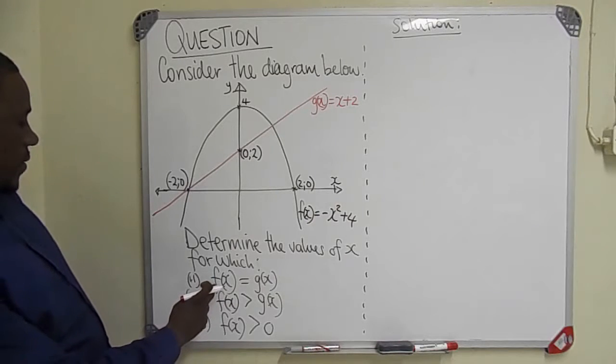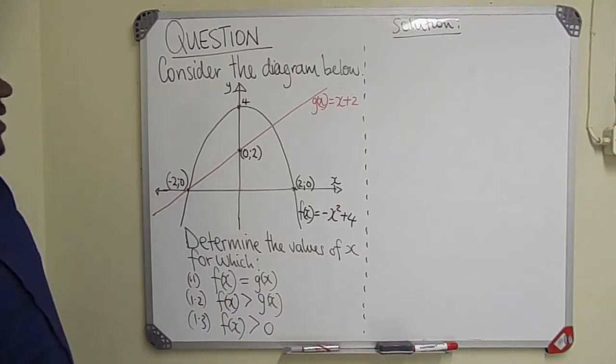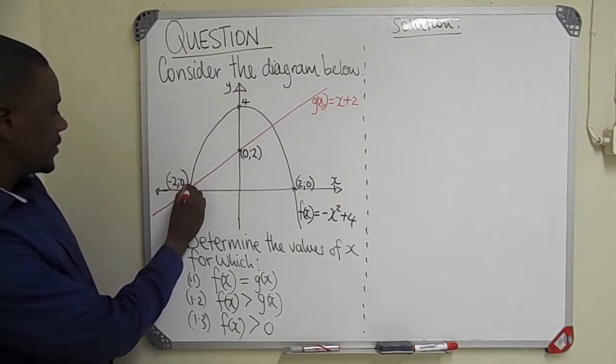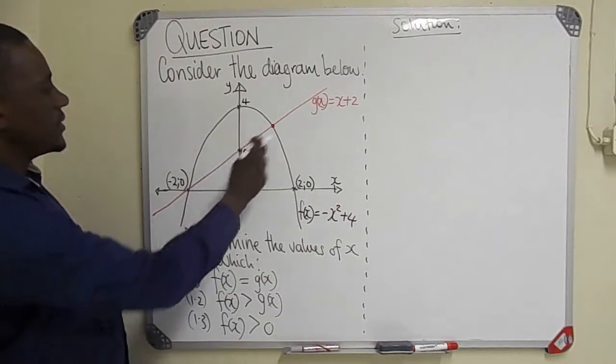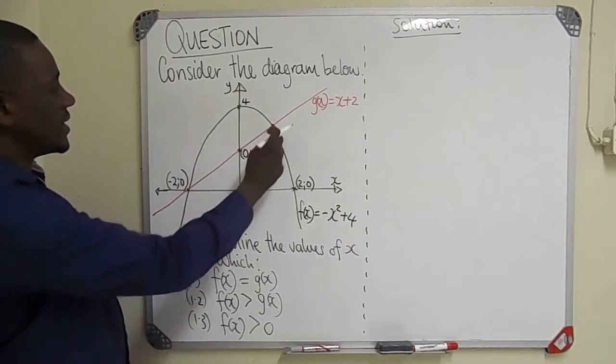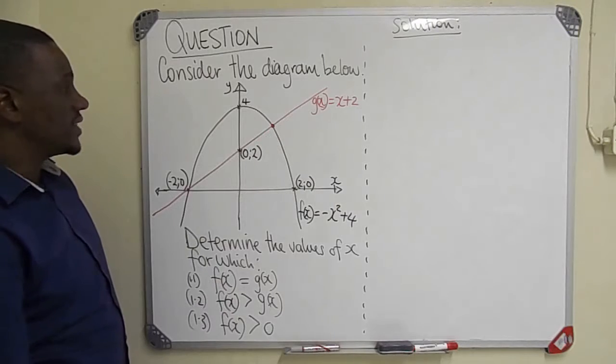When answering a question where f of x equals g of x, these are the points of intersection, the points where the two graphs intersect, where the two graphs meet.